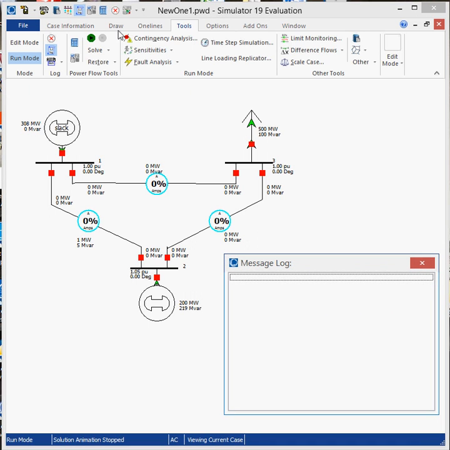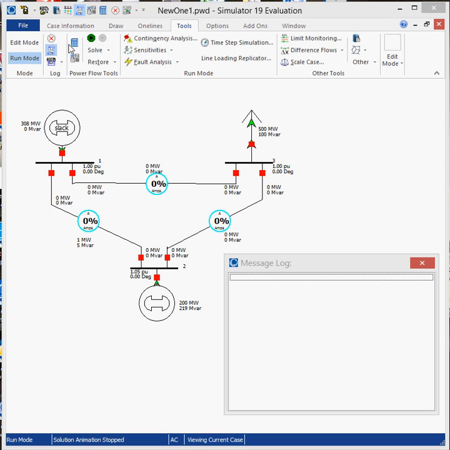Okay, so you need to perform the iteration. You need to perform the iteration one by one to actually count how many iterations are required for your system before it successfully converges.